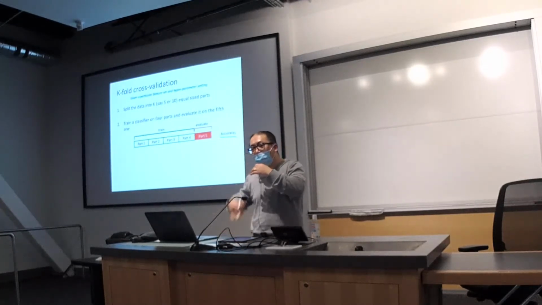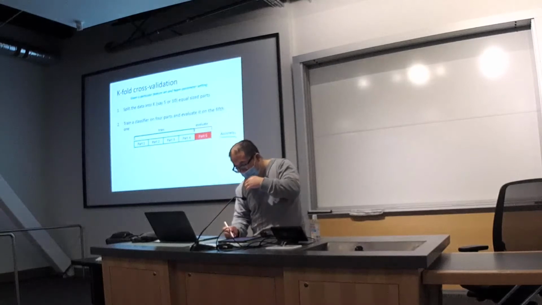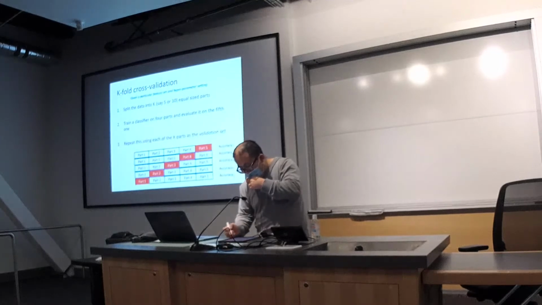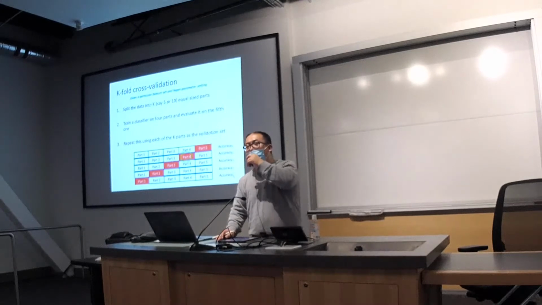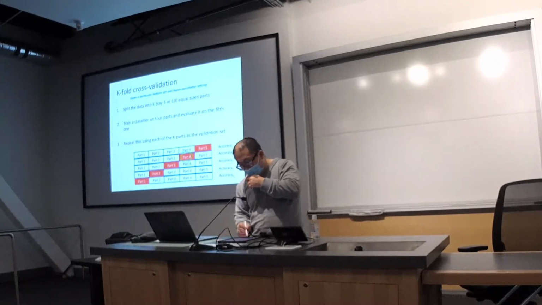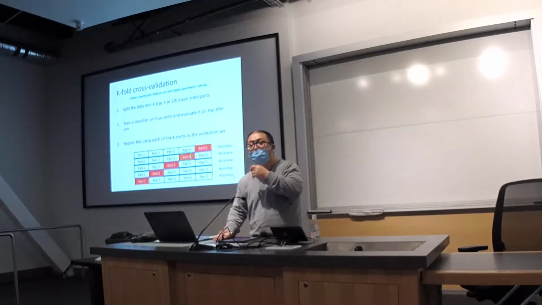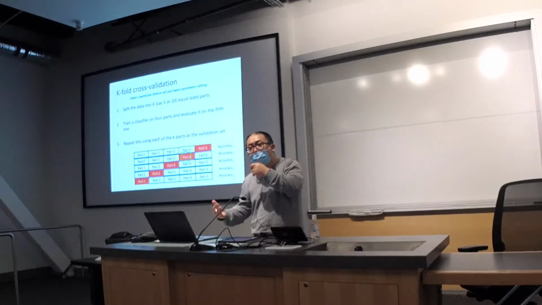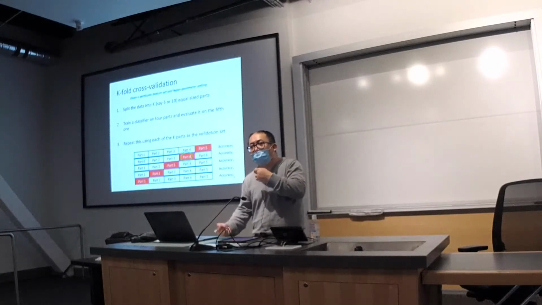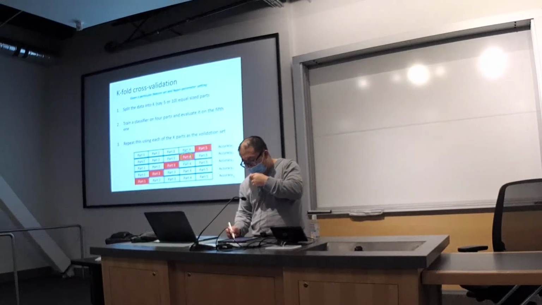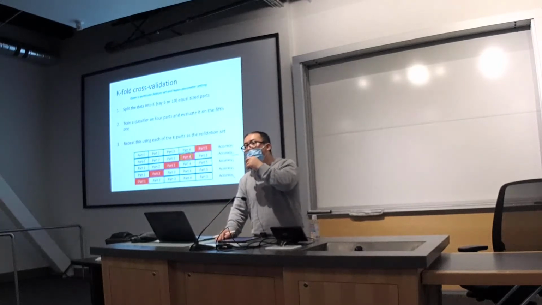To get a more reliable estimate of the performance of our C candidate value, we switch to the next part, say part 4. We use that as the validation set, use the remaining parts, like part 1, 2, 3, and 5, as our training set, and train our SVM with that C value. Then we test the trained SVM on part 4 to get another accuracy value.